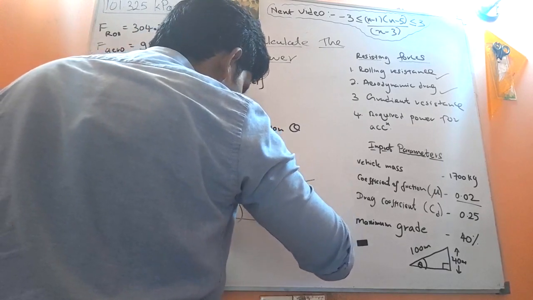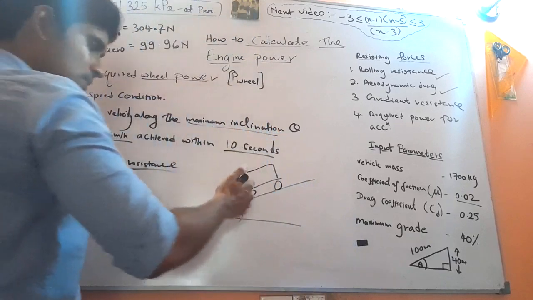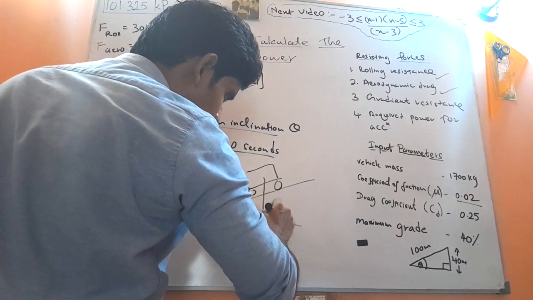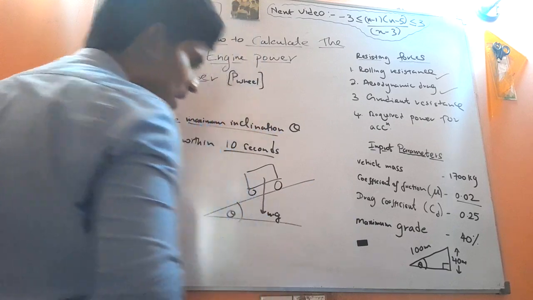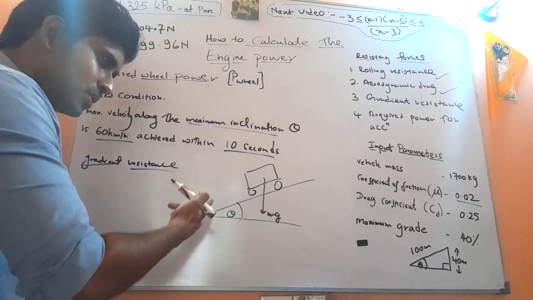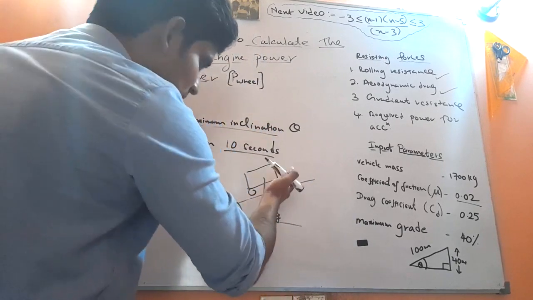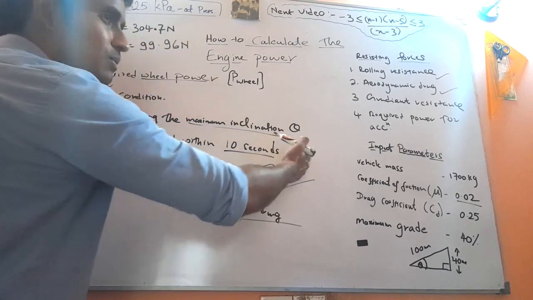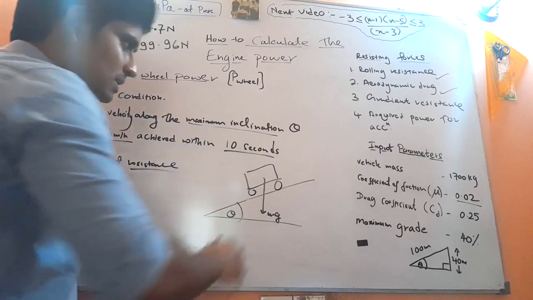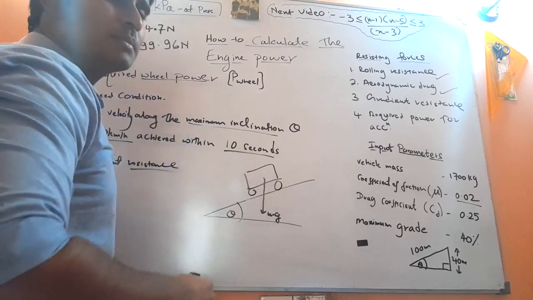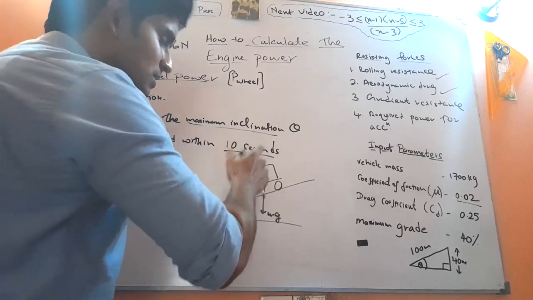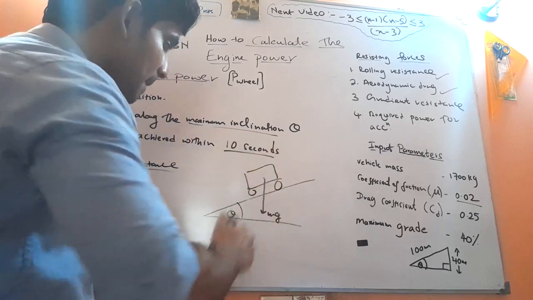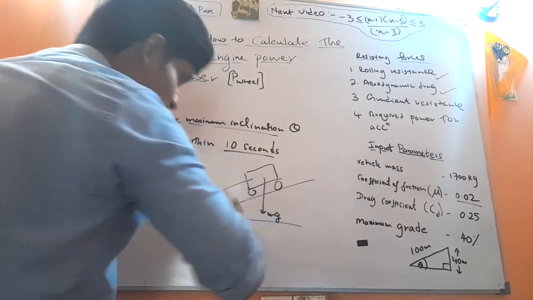So what is the weight of the vehicle? That is mg, right? As you know, there is a component of this weight along the direction of the road, in the opposite direction of the motion, because the engine power must be produced such that the design power can bear this resistive force due to the weight.